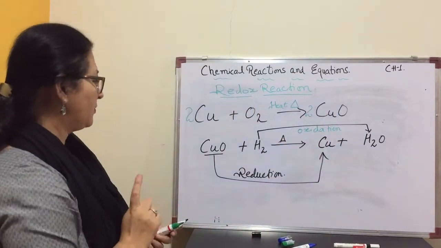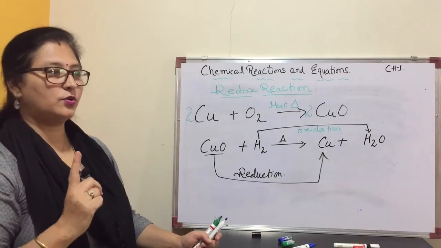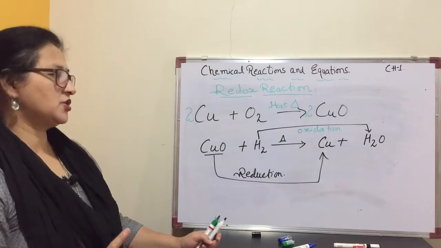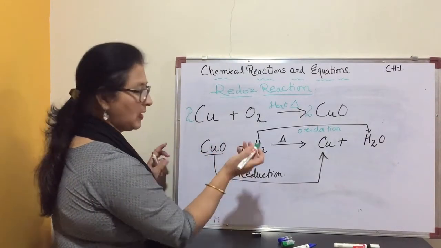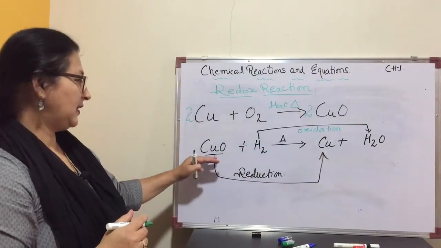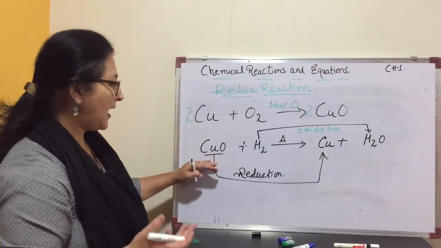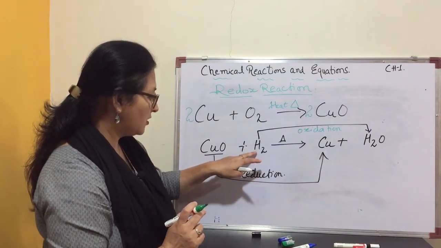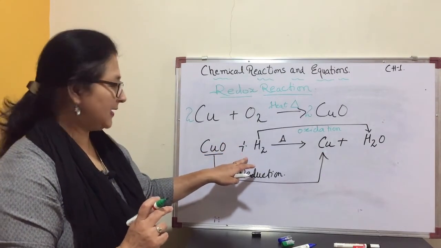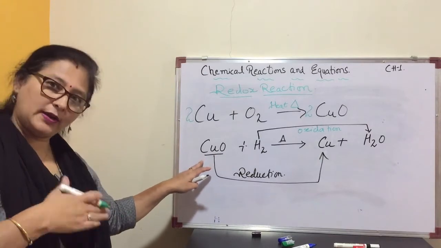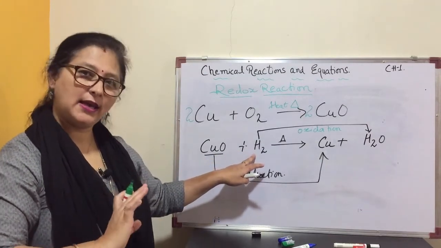Now I want to tell you one more thing. Who is an oxidizing agent here and who is a reducing agent? Because copper is giving oxygen to hydrogen, definitely copper is an oxidizing agent, right? And because hydrogen accepts oxygen from copper, it is helping copper to get reduced. So hydrogen is a reducing agent.